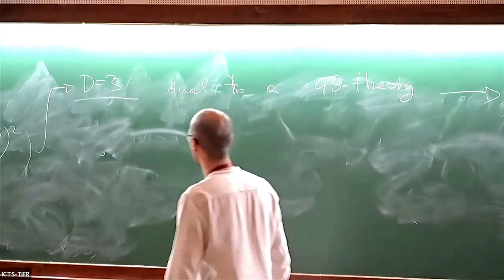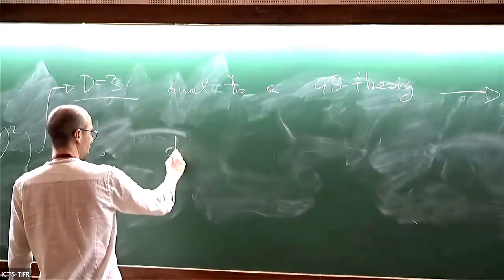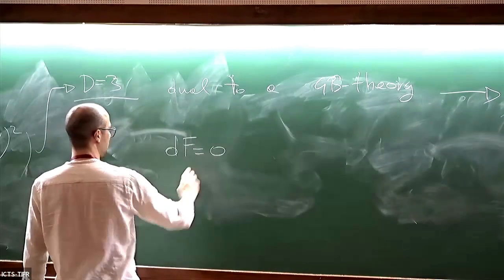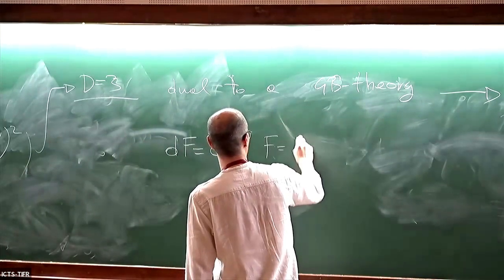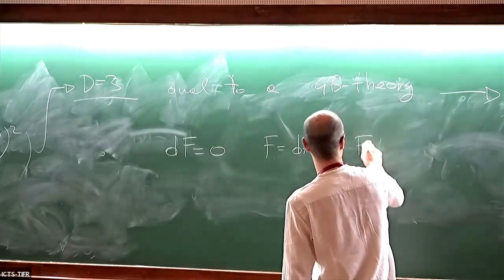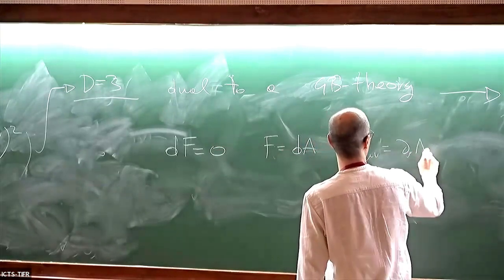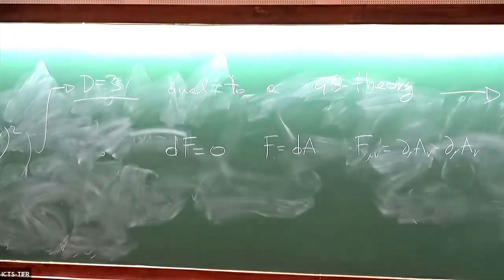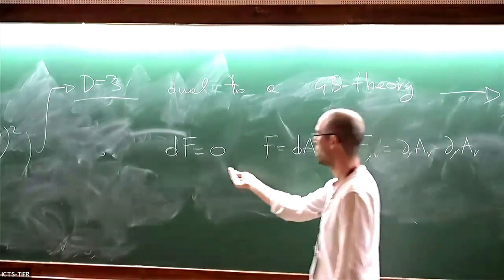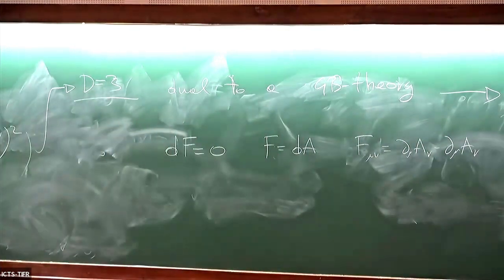The point is the following: you have this constraint, dF = 0, which means that F is dA. We write F as a 2-form, built from a 1-form, because you have this constraint, which is one of the Maxwell equations.